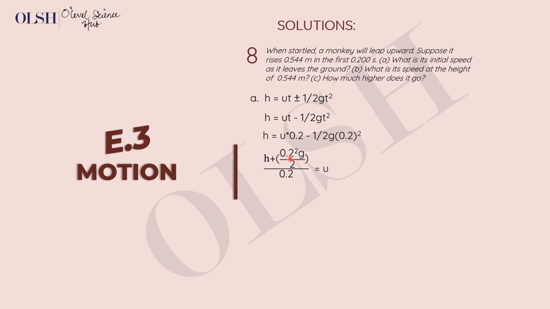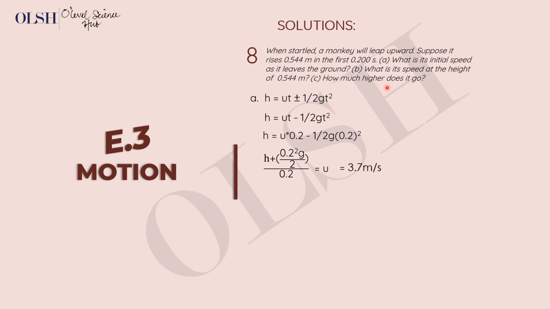If we simplify this, we put our value for s, which is the distance, 0.544 meters, and our value for gravity, which is 10 meters per second squared. After putting those values, we're going to have 3.7 meters per second. That's our initial velocity. So B says, what is the speed at the height of 0.544 meters?